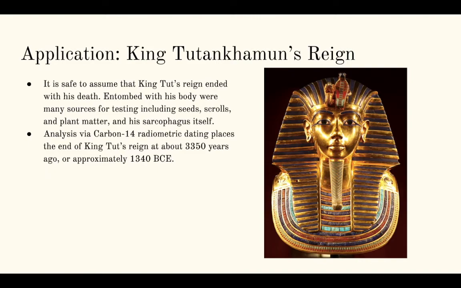Through analysis of the carbon-14 radiometric dating, this dates the end of King Tut's reign at about 3,350 years ago, or approximately 1,340 BCE. So carbon dating allows us to reconstruct history in a way that was not possible before.